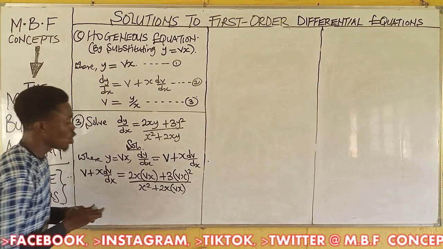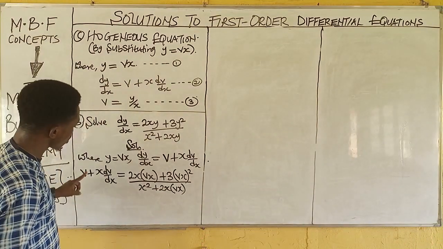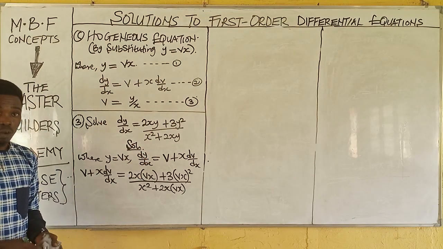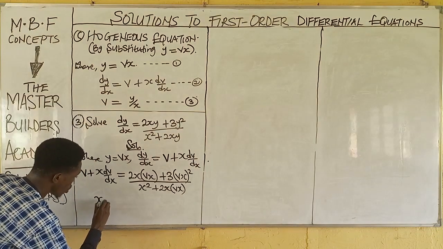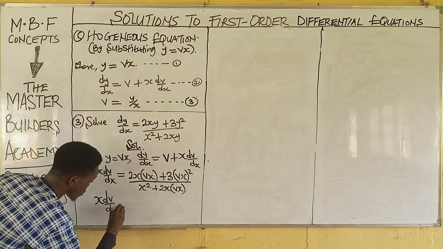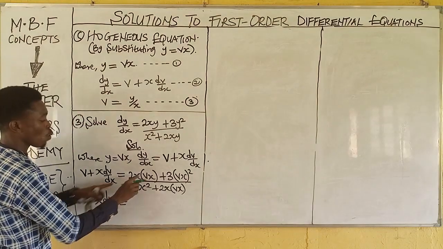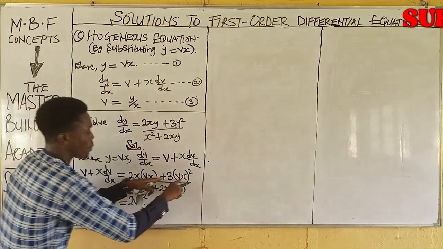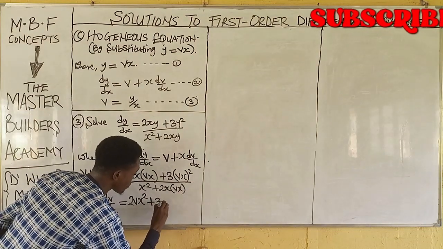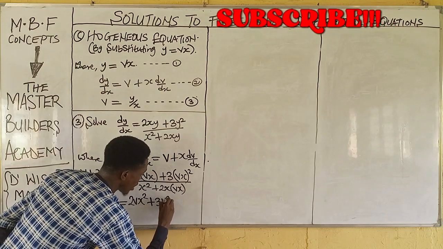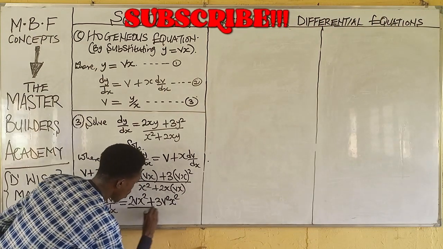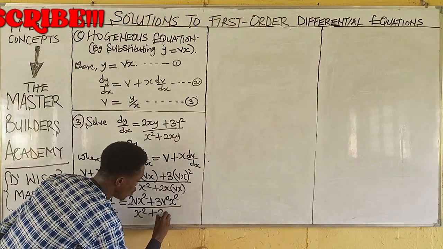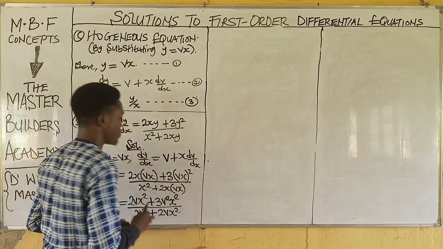Then the next thing we do is that we know that anytime we are dealing with a homogeneous equation, the v at the left hand side must be taken to the right hand side, leaving only x dv over dx. These are all conditions that you just need to do. So x dv over dx is equal to, when I multiply out, 2vx squared, and 3v squared x squared, all over x squared plus 2vx squared.